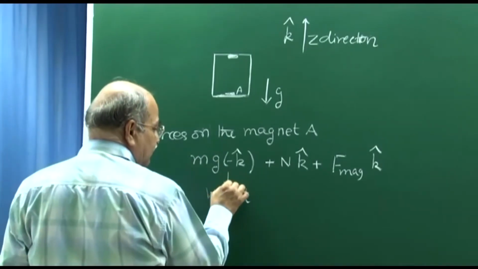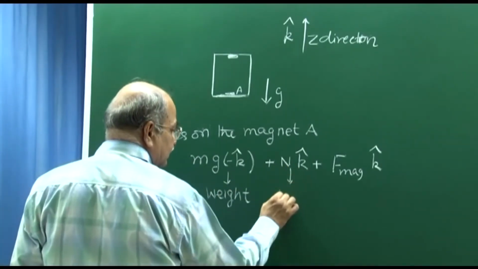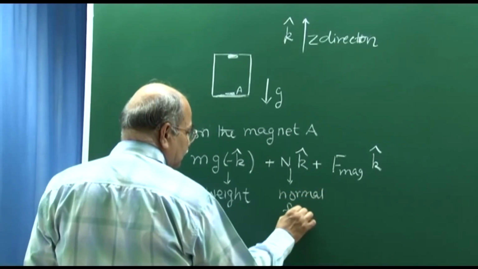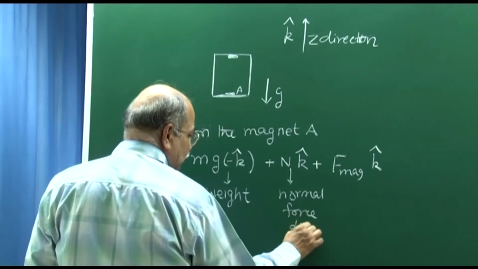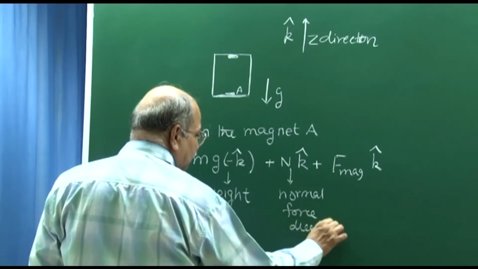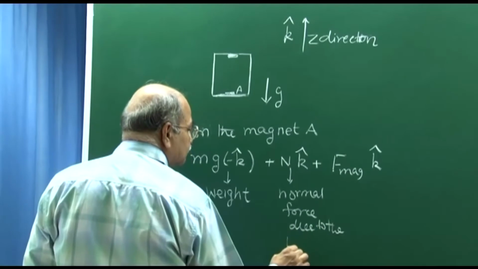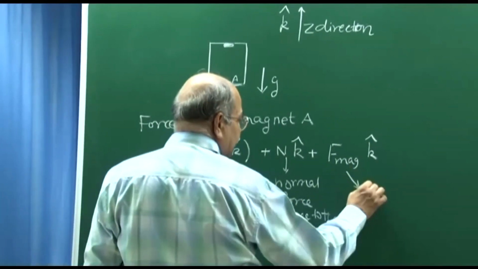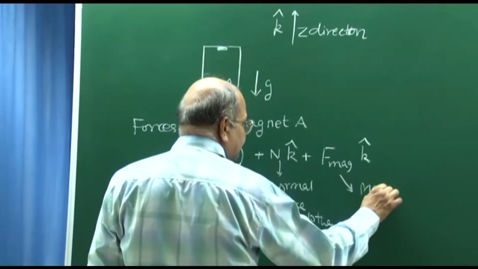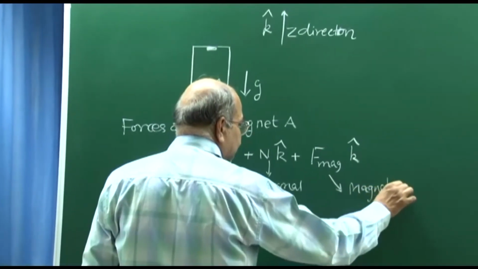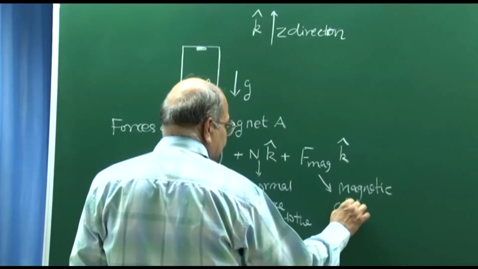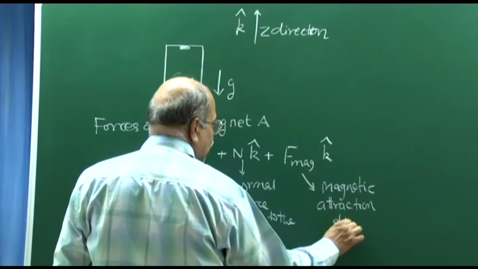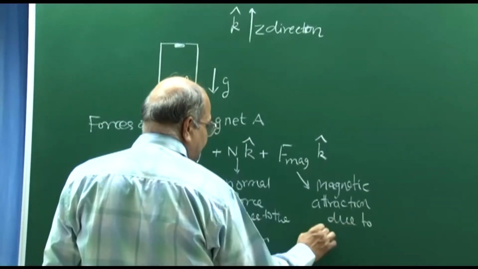This one is weight, this one is the normal force due to the bottom, and this is the magnetic attraction force due to the upper magnet.